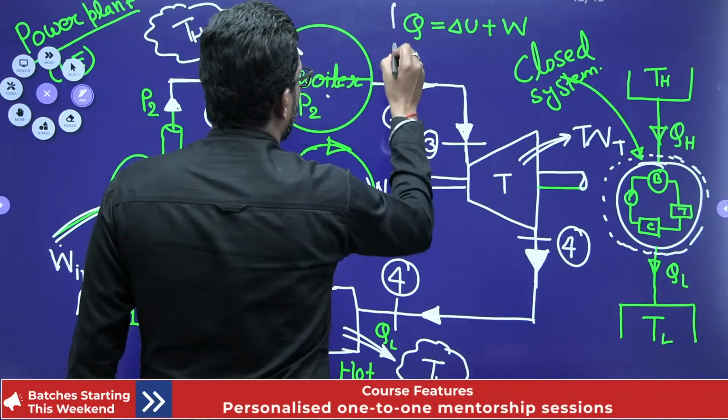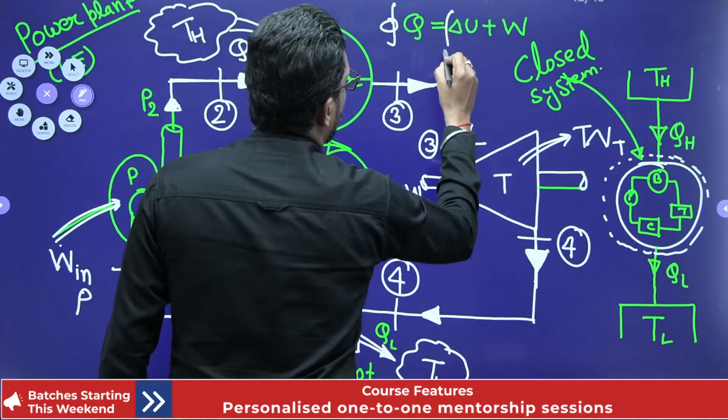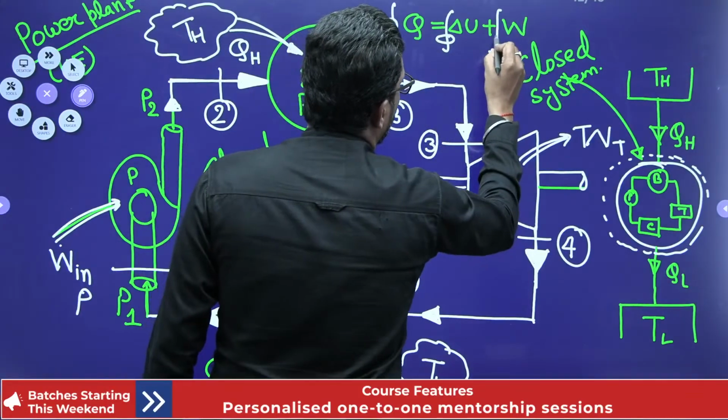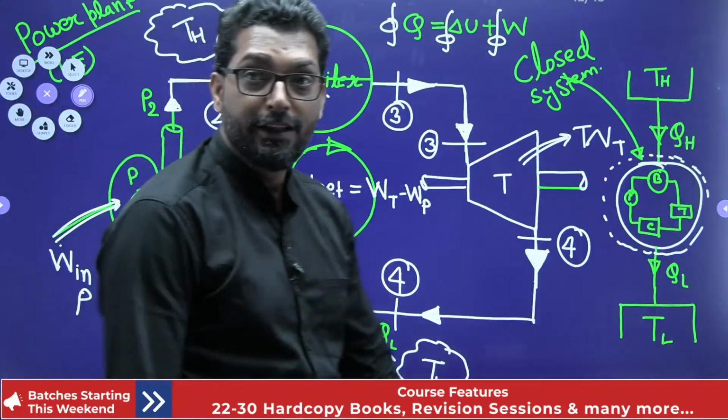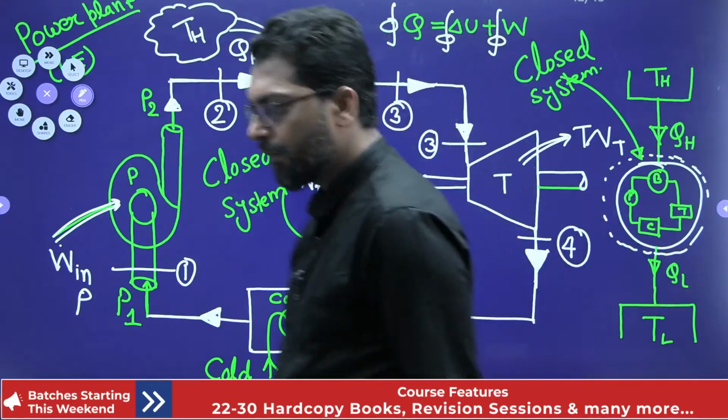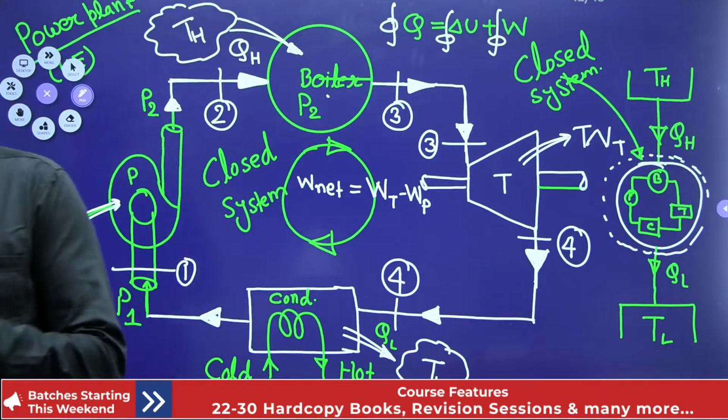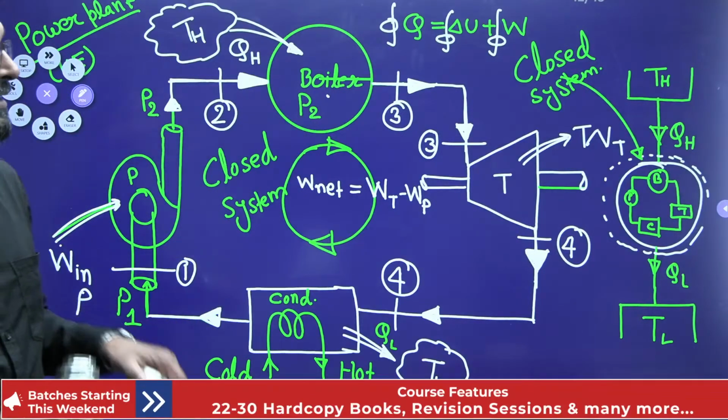So integrate cyclic. Which one is 0? In these 3 components, which one is 0, please? Reply in the chat box.